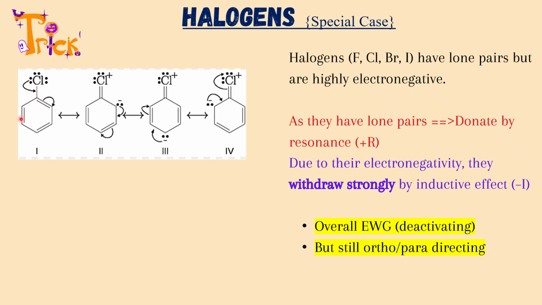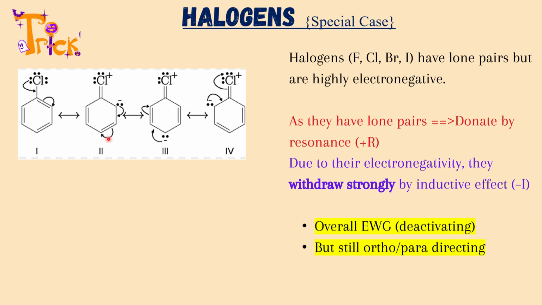So here in this case we have a benzene ring, and this chlorine is continuously pulling the electron density from the benzene ring. At the same time, we can see that these lone pairs of chlorine can easily undergo resonance with this benzene ring. So if we compare the plus R effect and the minus I effect, we can see that minus I is stronger than the plus R effect.